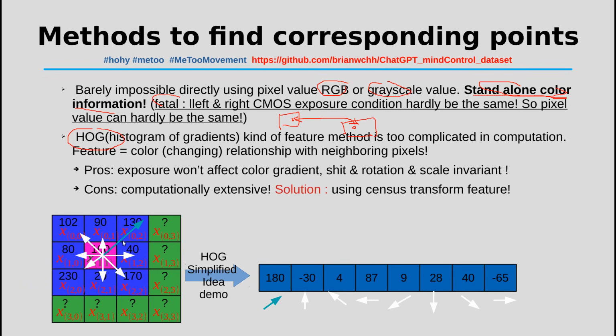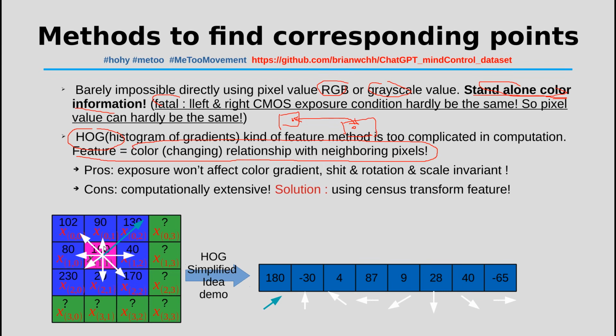Gradient means a color change between neighboring pixels. There's a changing pattern, and then we can embed this as a feature. The feature expresses the changing relationship between its color information and its neighboring pixels.